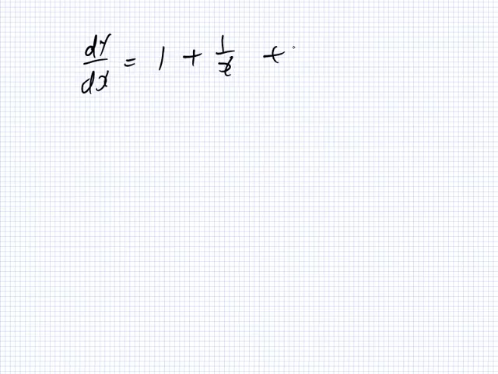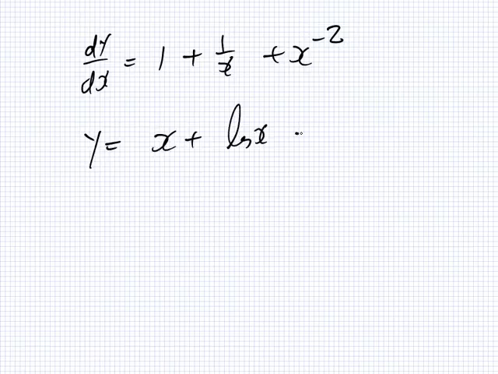Okay. Have you done number 2? Yeah. You can do it in your head, nearly. You have dy/dx equals 1 plus 1 over x plus x minus 2. So y equals x plus log x plus x minus 1 over minus 1 plus c.